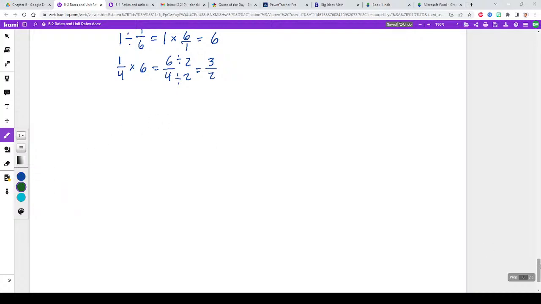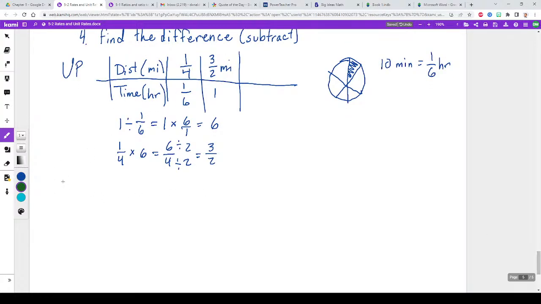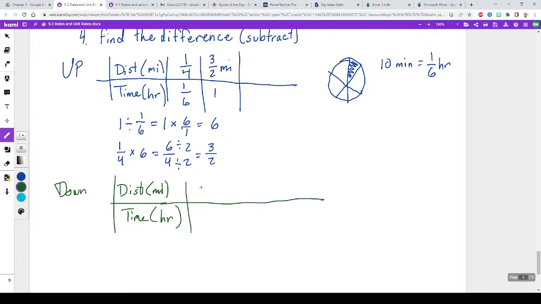Going to change over to distance here for down, sorry. We're going to go down. Again, we've got distance, got miles, we got time per hour. We're looking at 5 miles every 2 hours. So again, we'll do our little math here because we want to get a unit rate, so we want to change that to a 1.